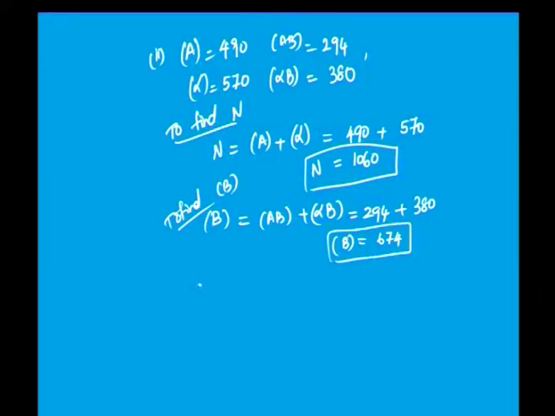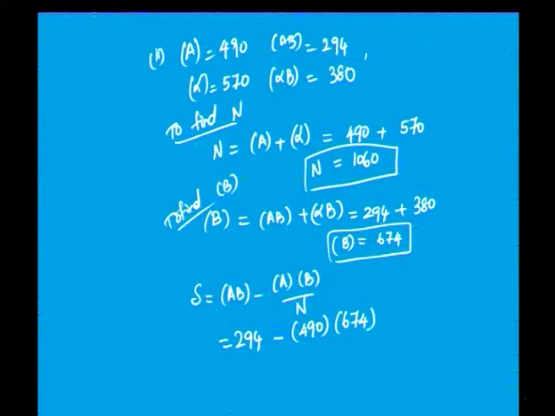Now, we will use the formula for delta. Delta is equal to AB minus A into B divided by N. AB is 294, given in the question. A is 490 given in the question. B you have found out, that is 674, and N we have found out 1060.